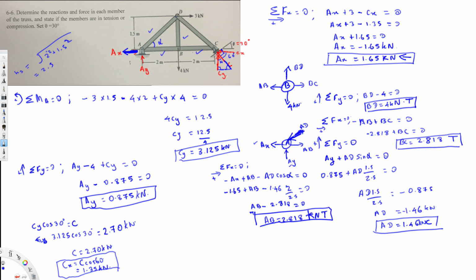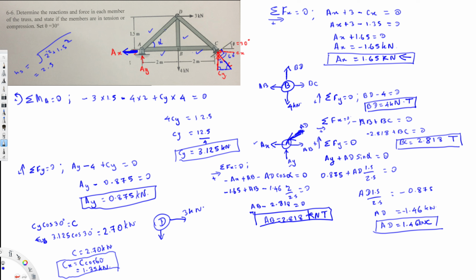Now we have to find CD. We can take pin joint D, or we can take pin joint C, whatever you want. So let's take the D. If I take the D, we have a 3 kilonewton acting on it, and we have BD acting downside. Yeah, this is in tension, so it's acting downside.